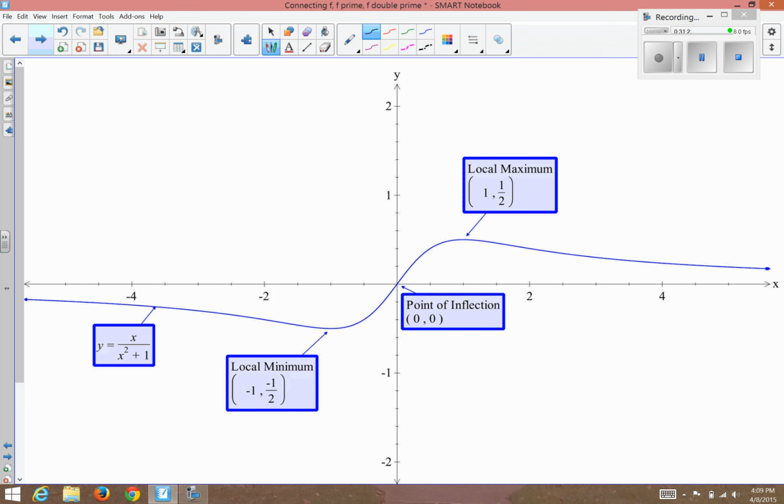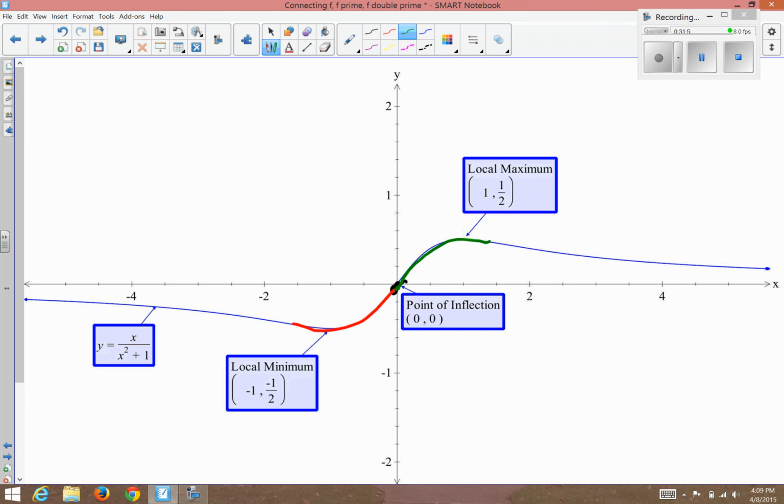Two of the inflection points I forgot to label on here, but there's one inflection point because there's a change from concave up to concave down. And maximum is where there's a change from increasing to decreasing. The change from red to green is called inflection. Minimum is where there's a change from going down to going up, decreasing to increasing.